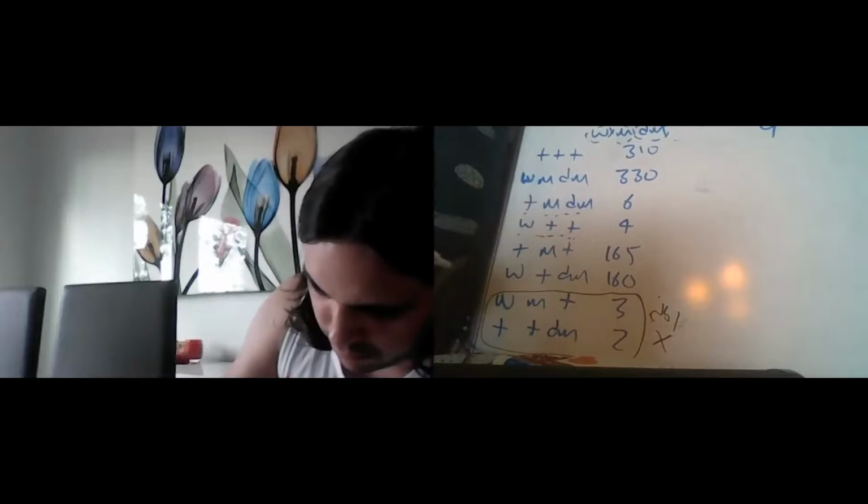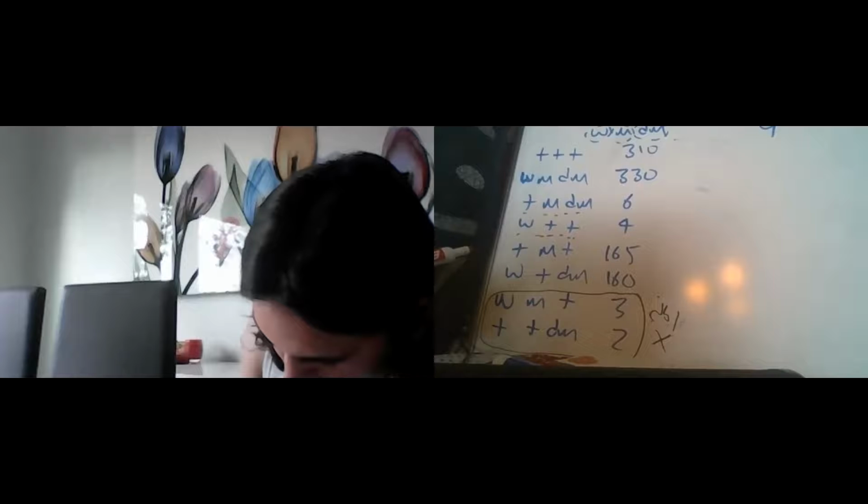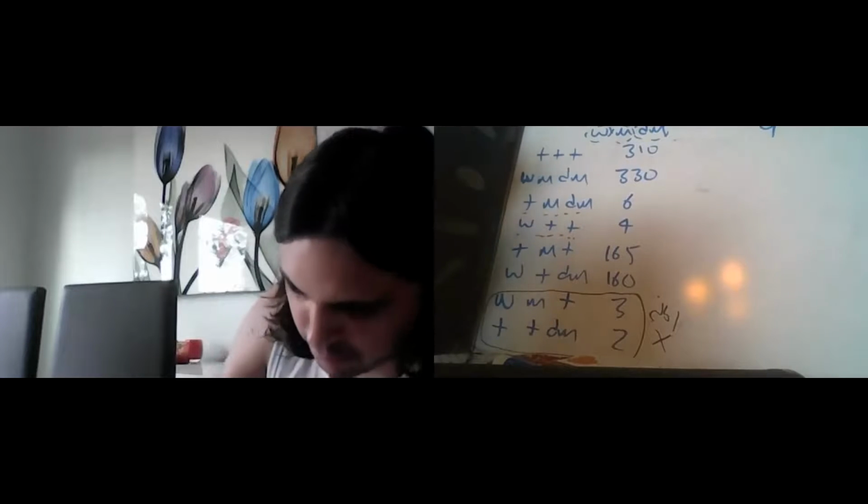That's here, and W plus plus, or plus W plus, would be here. These are not the double crossovers. Even though their numbers are similar to these, they are not the lowest numbers.